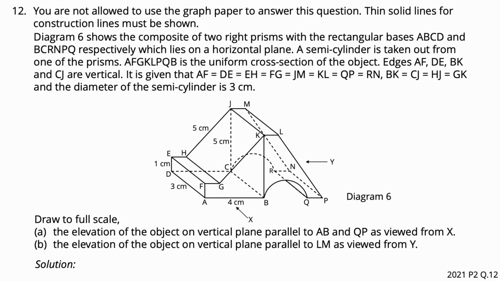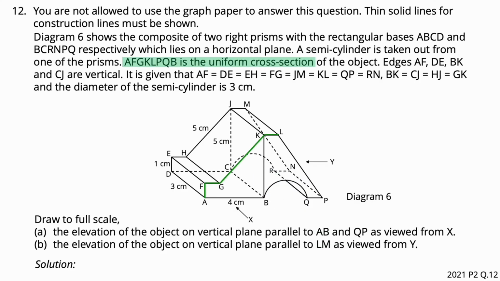Question number 12. You are not allowed to use graph paper to answer this question. Thin solid lines for construction lines must be shown. Diagram 6 shows the composite of two right prisms with rectangular bases ABCD, and BCRN and PQ on a horizontal plane. A semi-cylinder is taken out from one of the prisms.